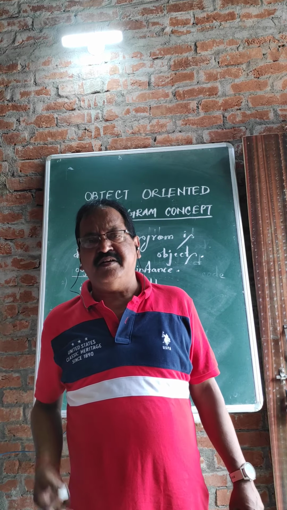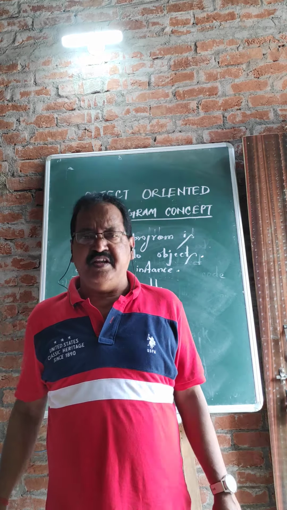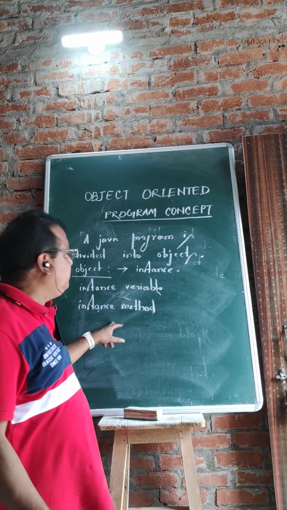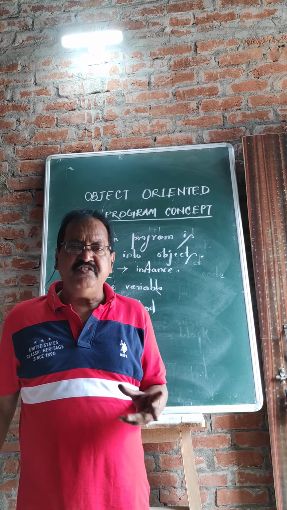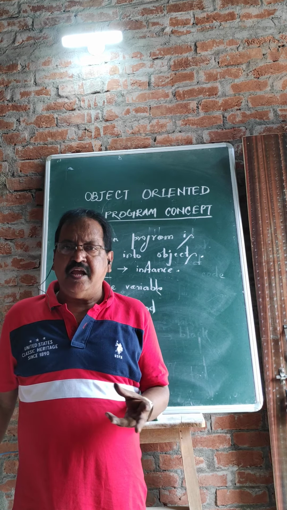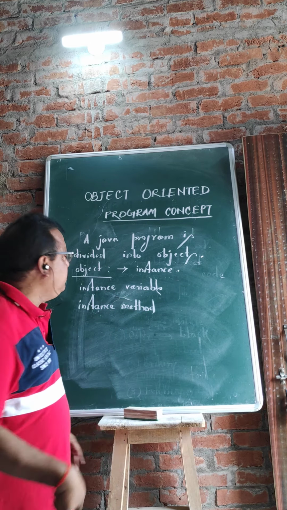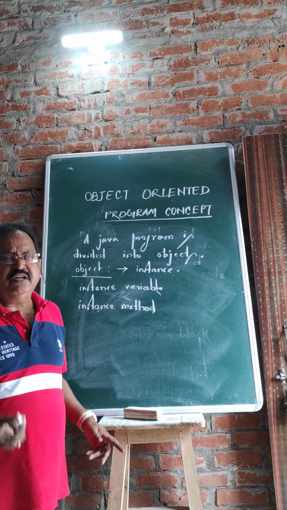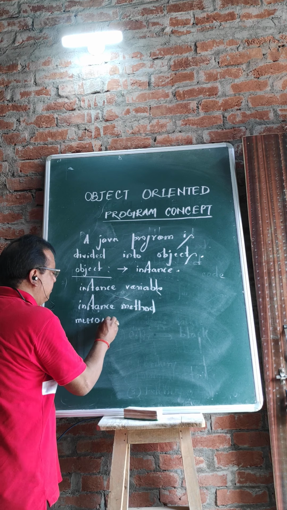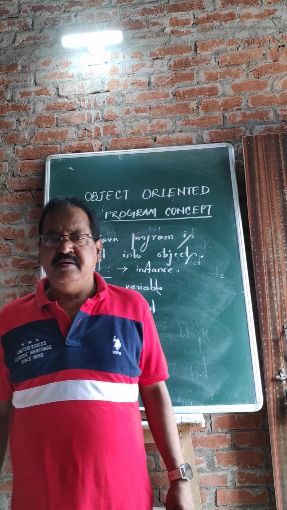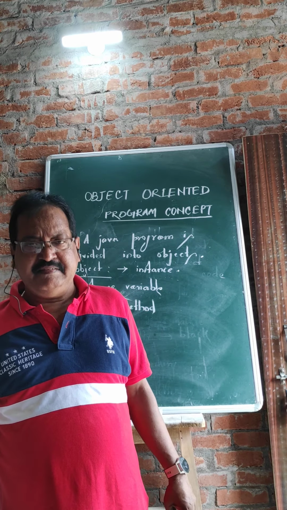The instance variables describe the state of an object or instance, while the instance methods describe the methods or functions that describe the behavior of an object or instance. Students, two objects, how do they communicate? By passing messages. So two objects communicate in Java by passing messages.